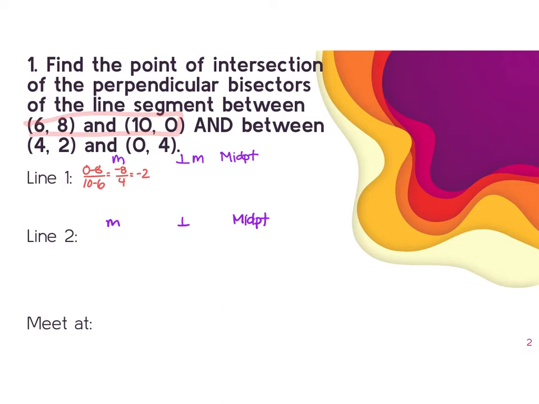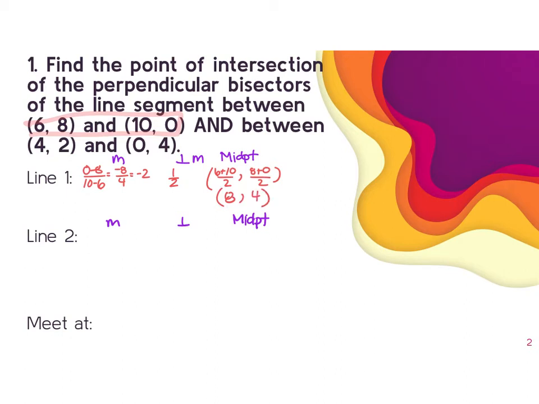The opposite reciprocal would be 1/2. The midpoint, we're going to add our x's, 6 plus 10, divide by 2, add our y's, 8 plus 0, divide by 2. It's going to give us 16 halves, or 8, and 8 halves, which is 4.